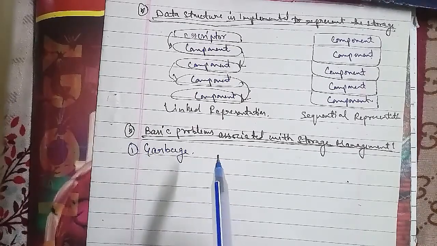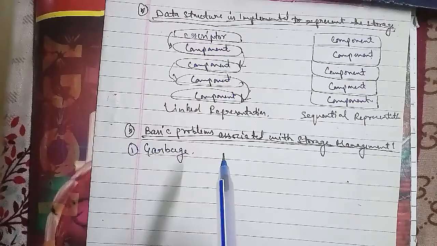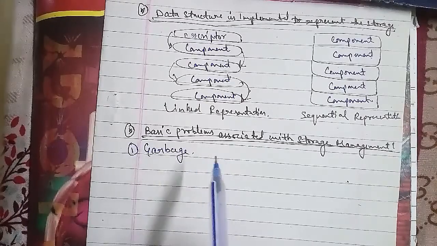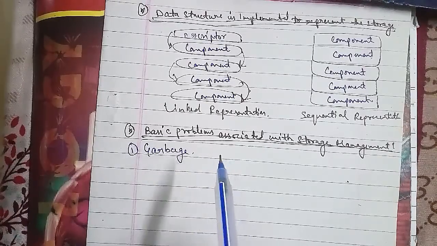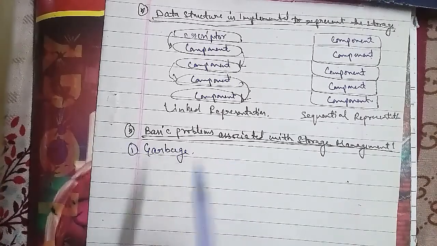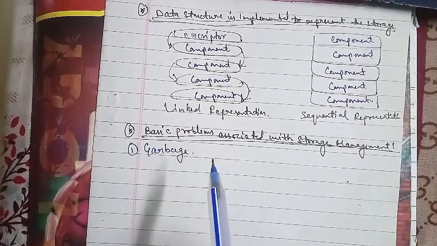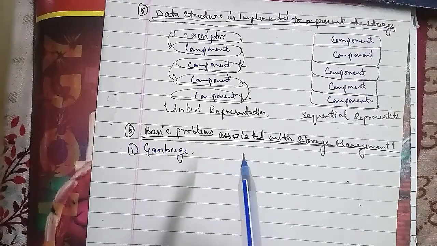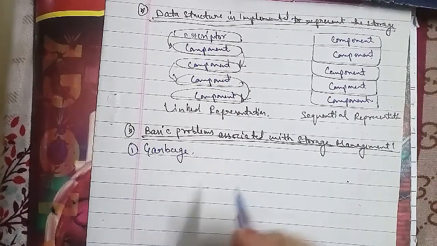However, the binding of the data object to a storage location has not been broken, so the storage is not able to be reused. Garbage is a less serious but still troublesome problem. The second is dangling references.